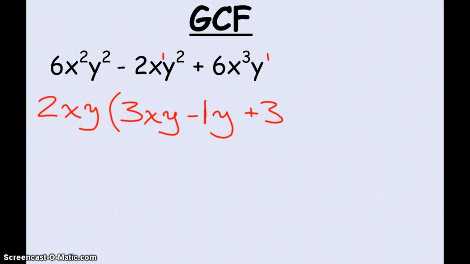X cubed, factoring out one of those x's, we're left with x squared. And y to the first is what we factored out, so there's no more y's left. So this is our GCF. This is our factored form for this particular polynomial. 2xy is the GCF. The remaining three terms are 3xy minus 1y plus 3x squared.